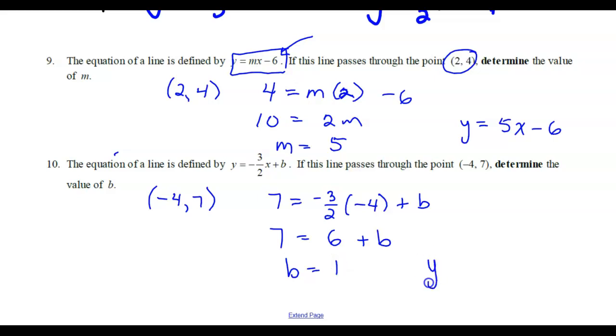Okay, so y equals -3/2x plus 1. And then turn over the page to horizontal and vertical lines.